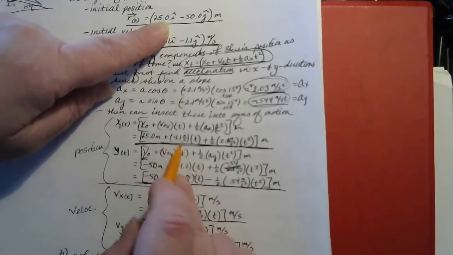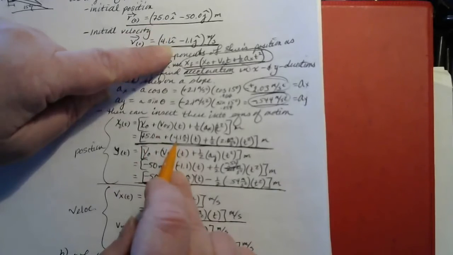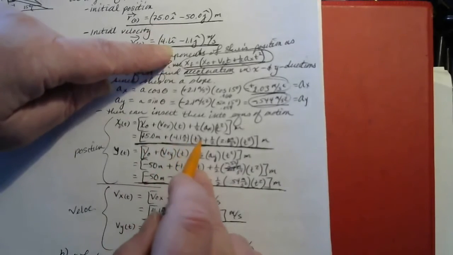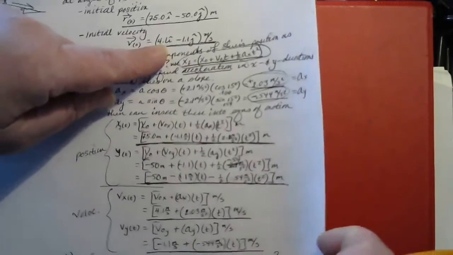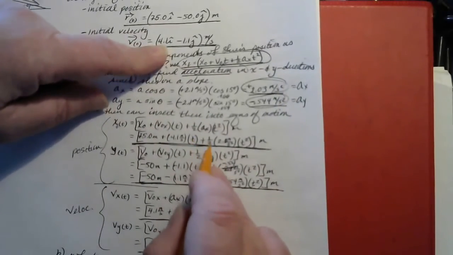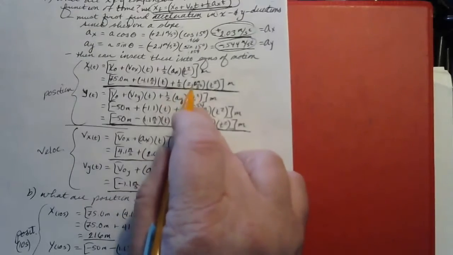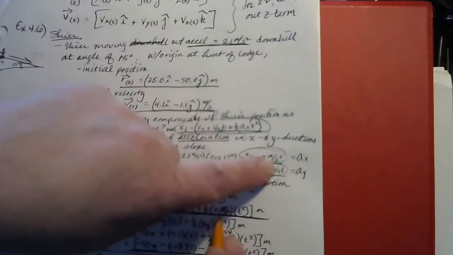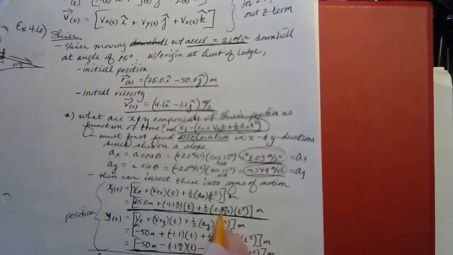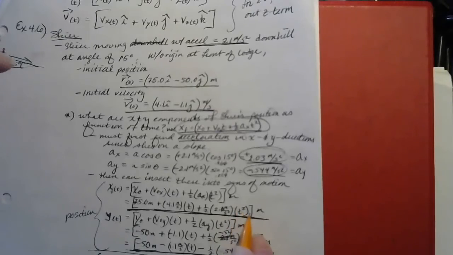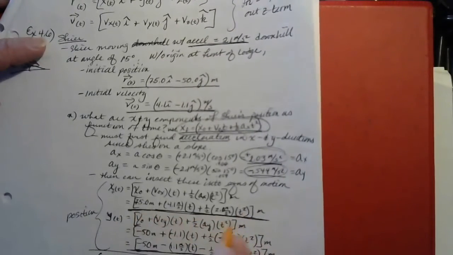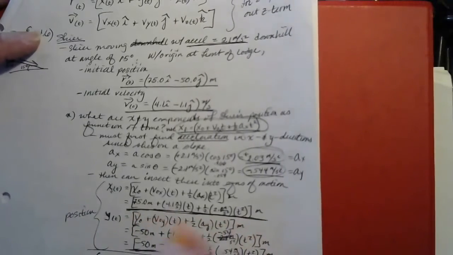V original in the x direction was 4.1 meters per second, and that's going to be times the time, because we haven't dealt with specific times yet. Plus 1/2 the acceleration in the x direction, which is 2.03. I just use it as 2.0 here, meters per second squared, times time squared. And so that is the equation for the position in the x direction at any given time.